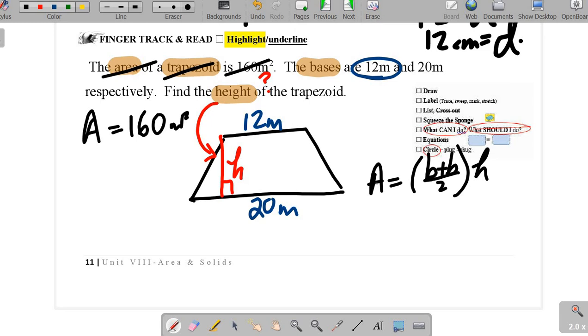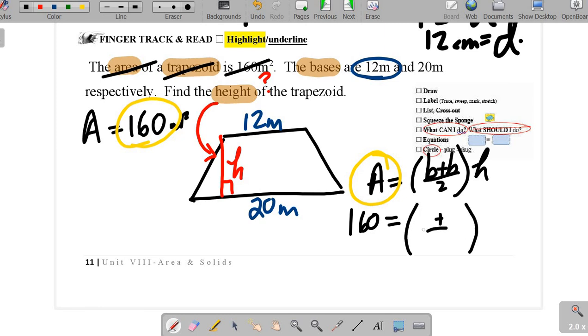So we circle, plug, chug. Area, we circle, plug it in: 160. One of our bases is 12. The other base is 20. And then our height is our unknown. Now you solve.